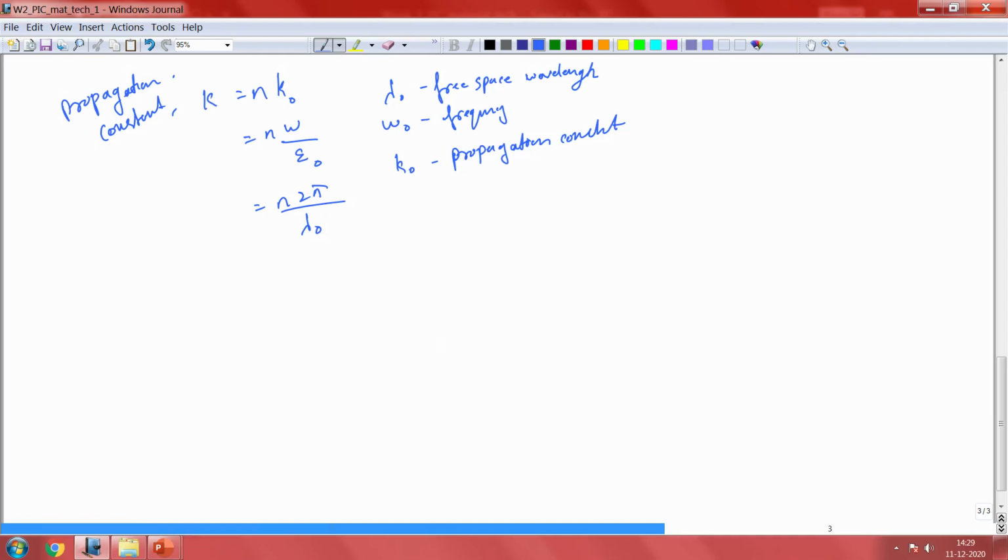Okay. Now the phase velocity is something that we know, right. The phase velocity is given by V p, which is equal to omega over k. So, this is our phase velocity.